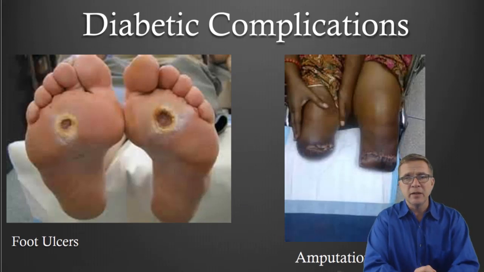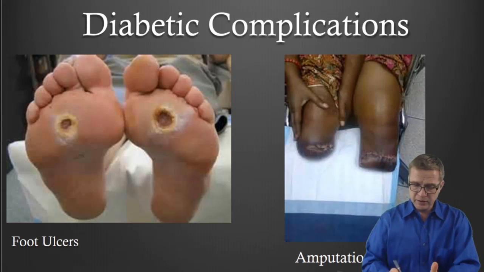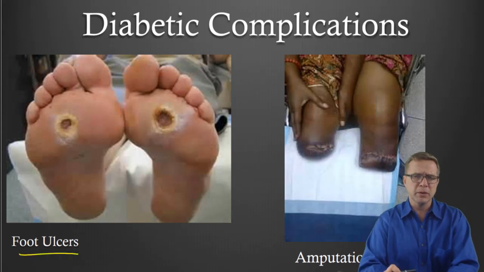In addition, because of lack of blood flow properly to the extremities with all these problems, and again, the energy can't get in, the cells start to die. And that can lead to ulcers, such as in your feet, foot ulcers. And you can imagine if you've got big old holes in your feet like that, that means we've broken the skin barrier, so you're open to infection.